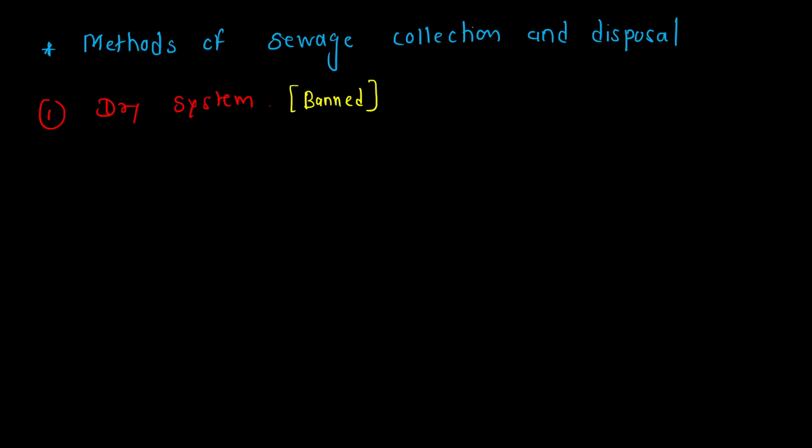As it is kept in a dry or open condition, it is very unhygienic and very hazardous to the nearby environment. Hence it is banned by the government and we are not using it nowadays, but in the initial days this was used.